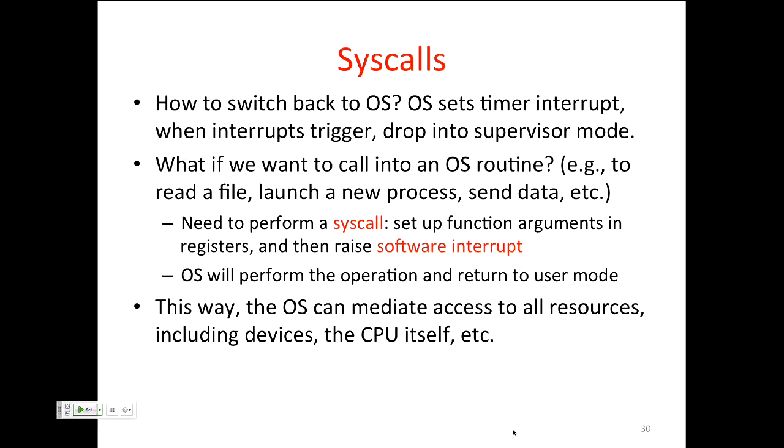Yeah, so the key difference is that if you gave the application access to everything that the OS has access to, it could do anything. It could override any part of memory, for example.